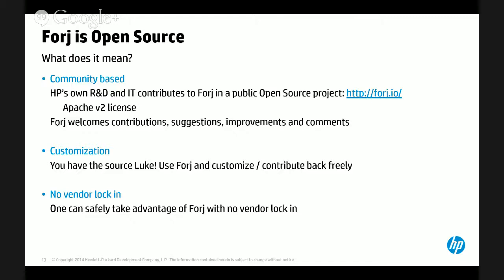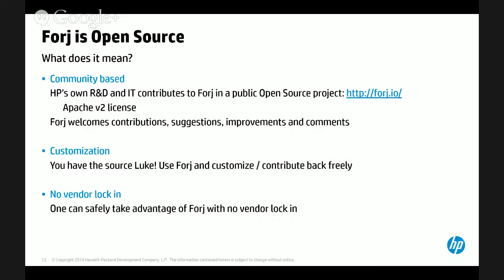So Forj is under the Apache V2 license, which we believe is best for that kind of project. So we welcome contributions, suggestions, improvements, comments. There is the IRC for that. If you really have support questions or technical questions, maybe the IRC is not the best place. Maybe you want to ask your questions on Stack Exchange.